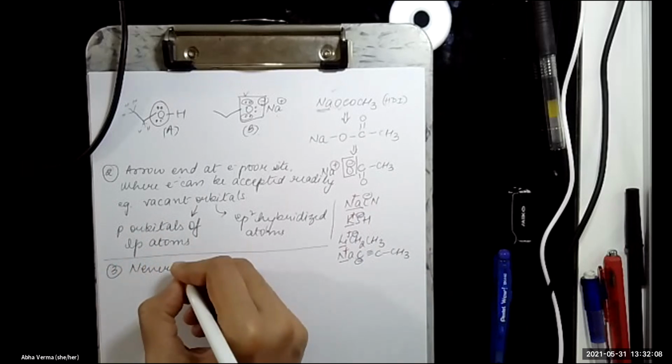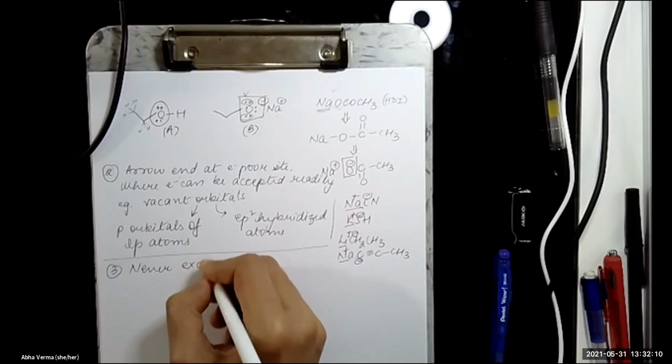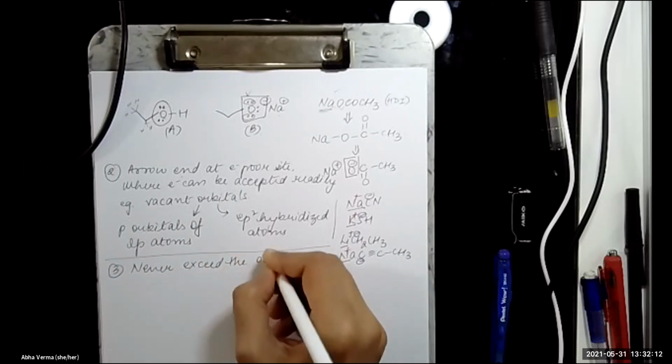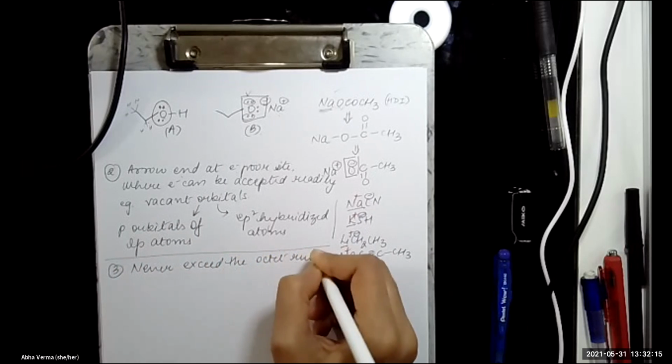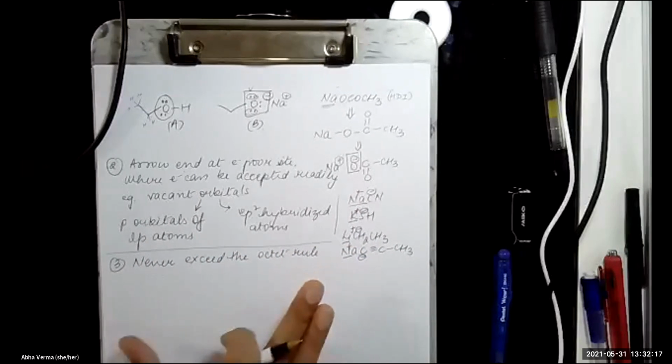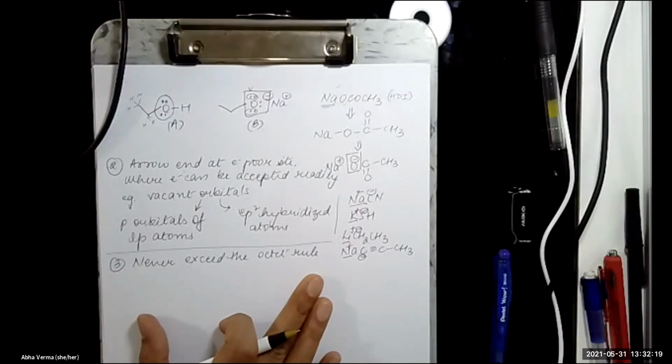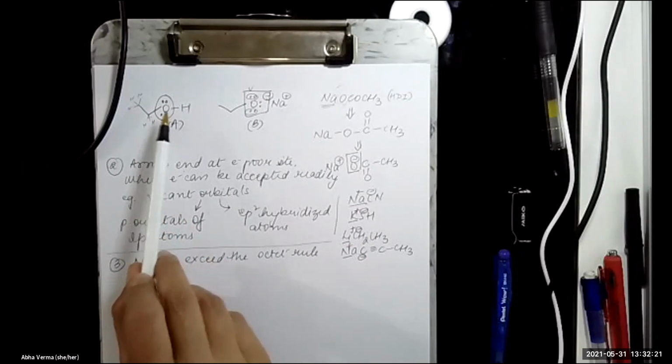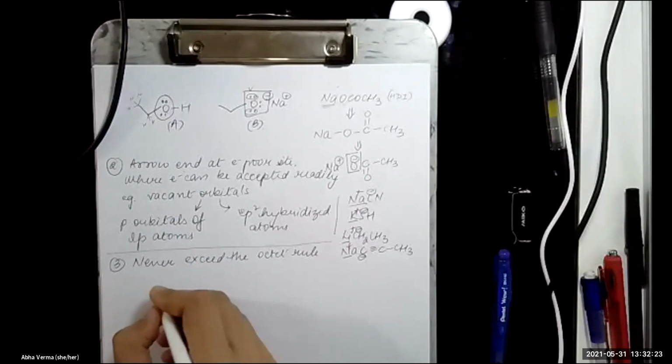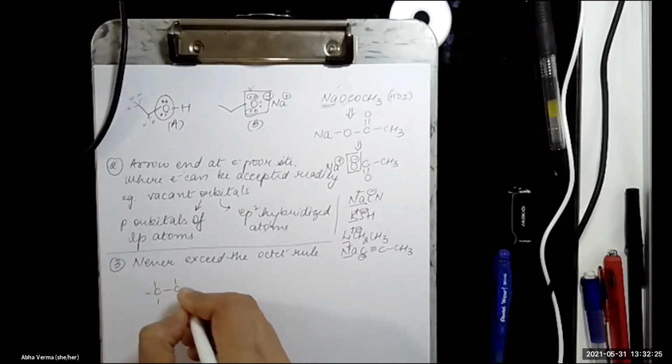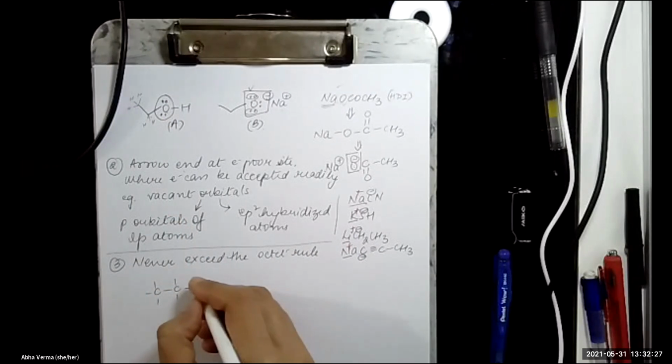So the next is never exceed the octet rule. So now is the time that I'm going to explain to you what octet rule I'm talking about. And let's just start back with this molecule again. I'm going to redraw it in a manner like this.